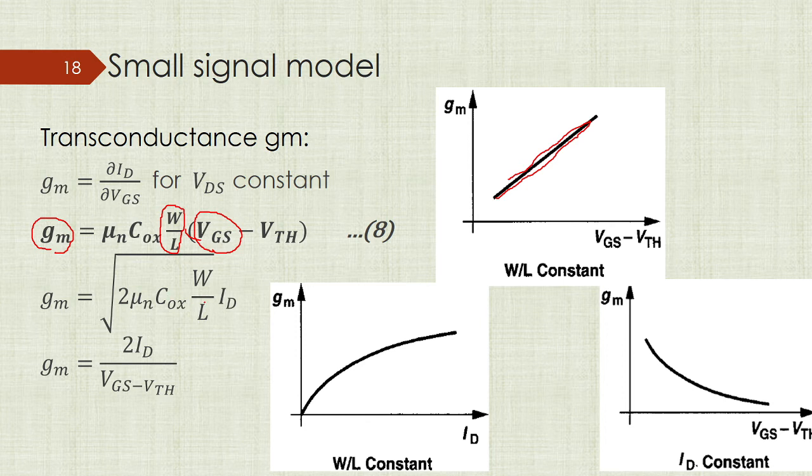In the second equation, with W over L constant, the transconductance has a relationship of square root of ID, and if we plot the square root of ID relation, we will have this waveform. And for the last equation, if we keep a constant ID and increase VGS, our transconductance will decrease.